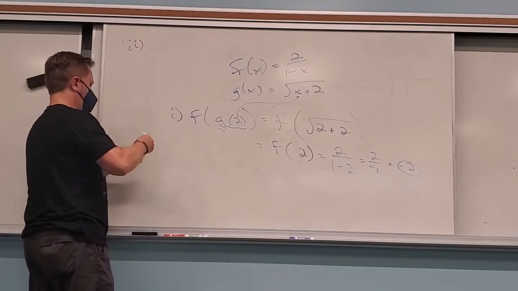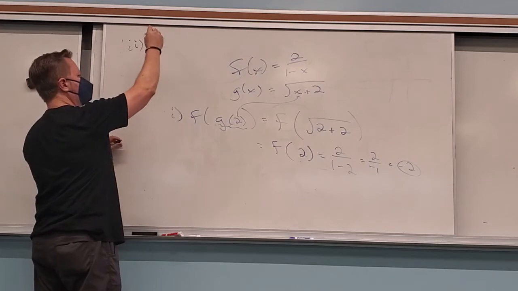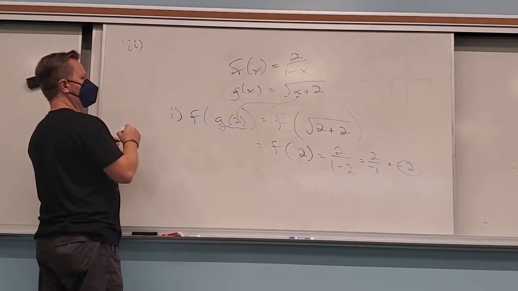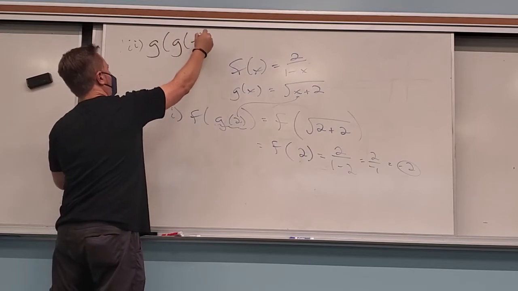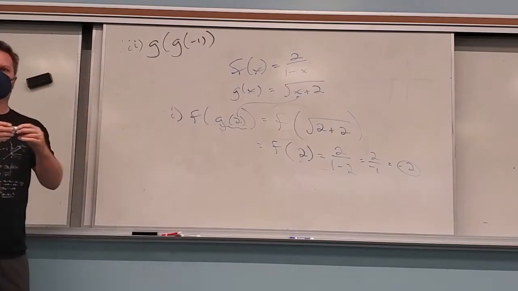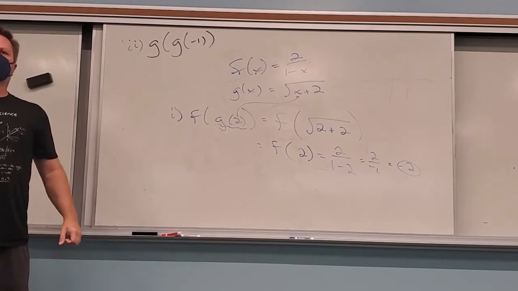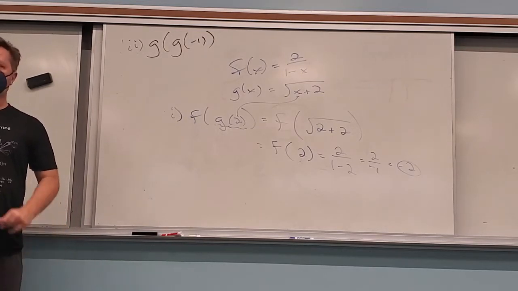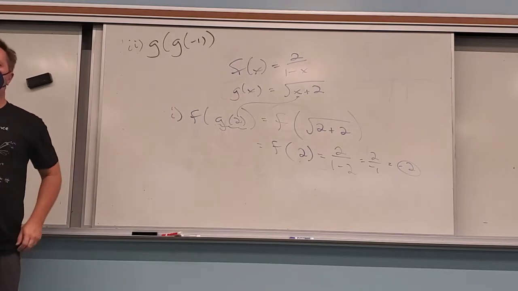What is g of negative 1? Or little g, I'm sorry. It's the same problem, right? I mean, it's not the same exact problem. It's the same exact idea. Go ahead and do it real quick.